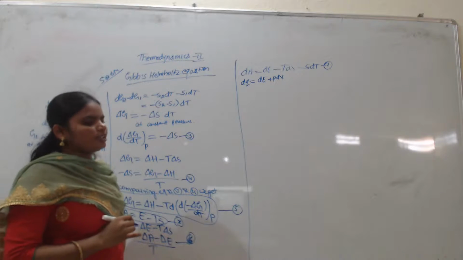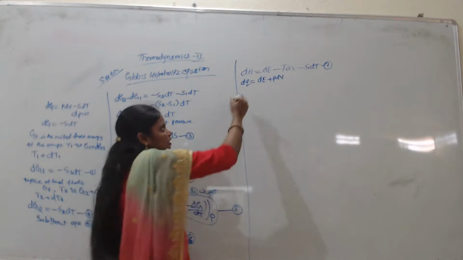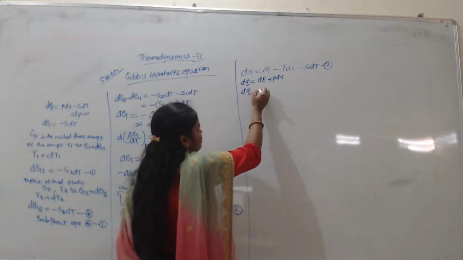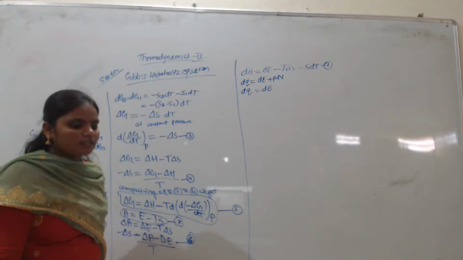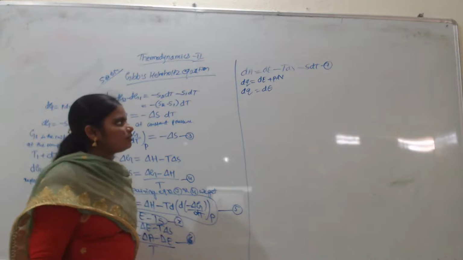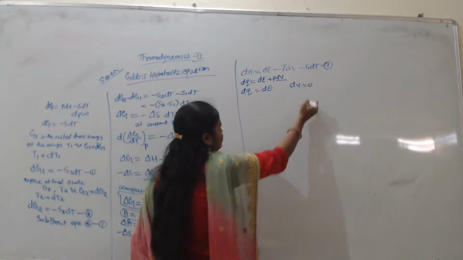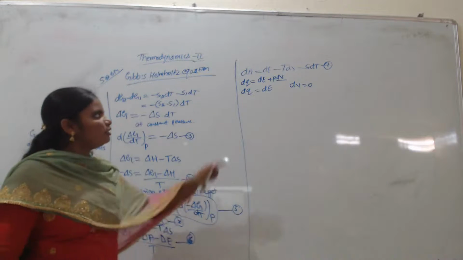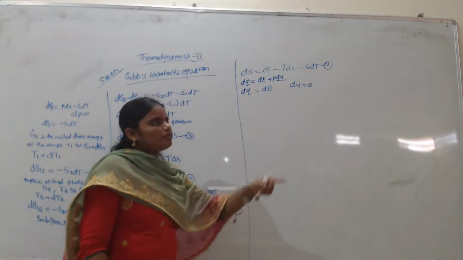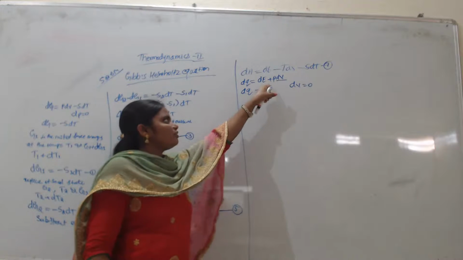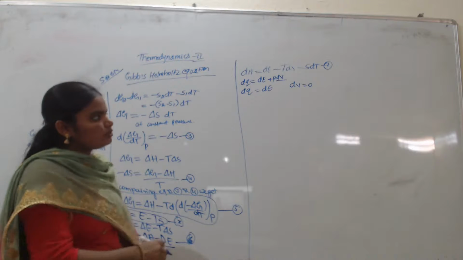At constant pressure, dq is equal to dE plus P dV. At constant volume, dV is equal to 0. Substituting 0 in this equation, anything multiplied by 0 is 0. Here dq is equal to dE.